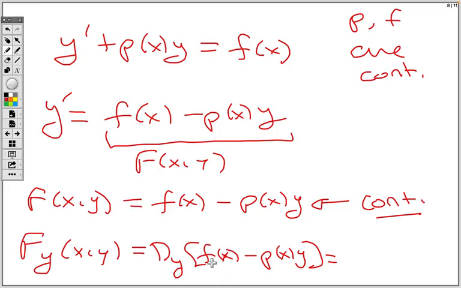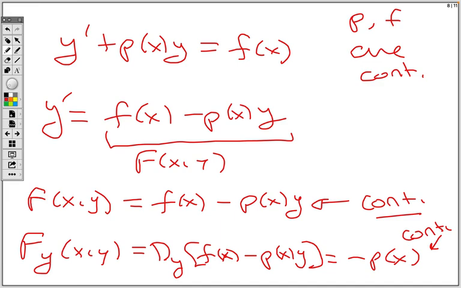This has just x's in it. So when I take the derivative with respect to y, it's all 0. And then this p of x times y would just be like having a 5y. So I would just get minus p of x. And once again, we're assuming that p is continuous.